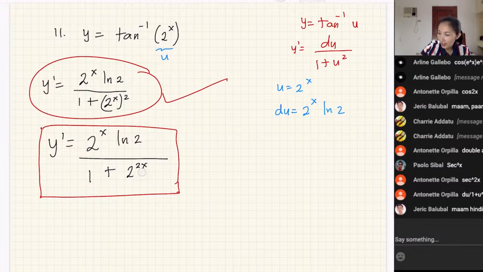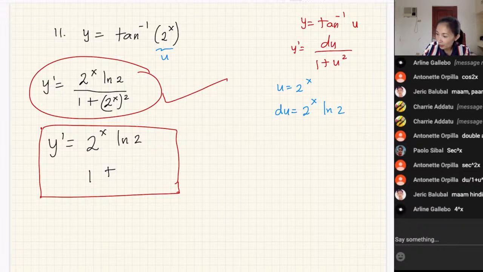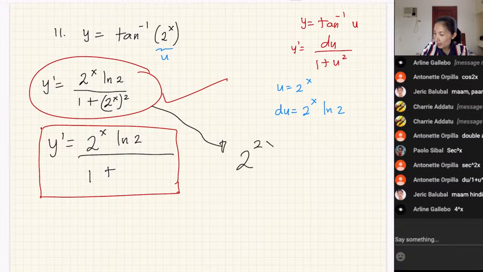Simplify this. In fact, here, 2 raised to 2x is the same as 4 raised to x. 4 raised to x na lang.